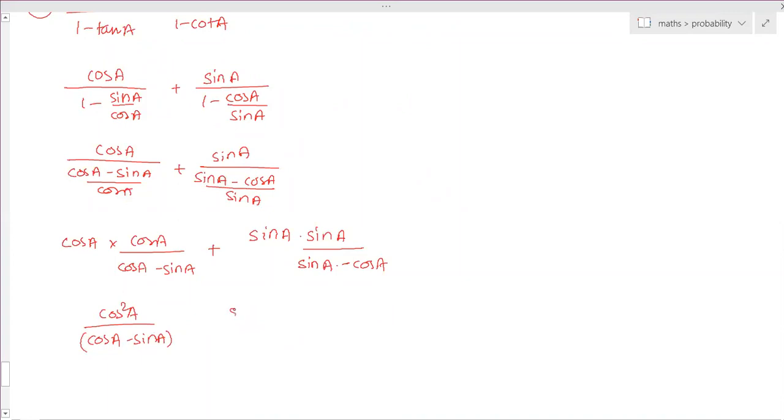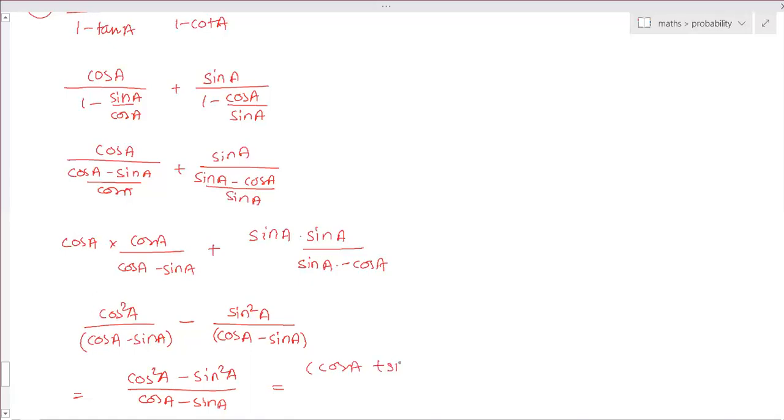We have to change the sign. Change the sign in the denominator, so this will become minus and this will become cos A minus sine A. Denominator same, so subtract the numerator: cos square A minus sine square A by cos A minus sine A. Numerator is a square minus b square: cos A plus sine A into cos A minus sine A, divided by cos A minus sine A. So the bracket gets cancelled.